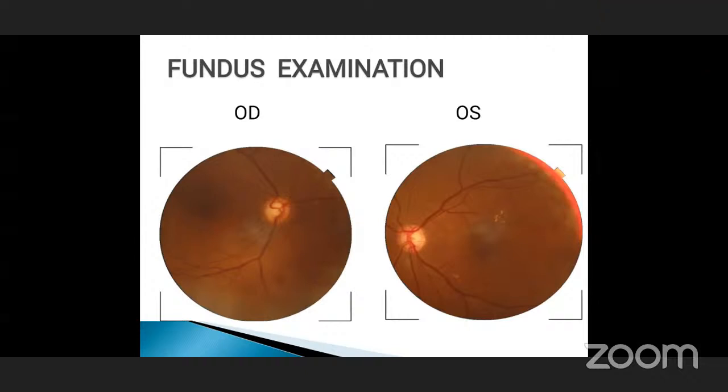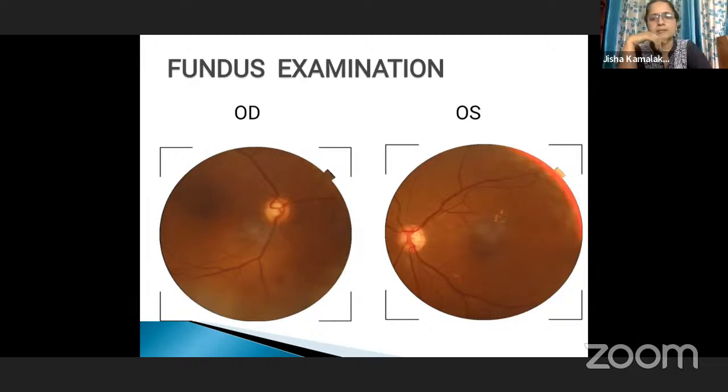Since there is an RAPD in this patient, we suspected an optic nerve pathology. So we looked for any optic disc edema, blurring of the disc margin, optic disc hyperemia, or optic atrophy. Will it set in so soon? No, ma'am, it is not so sudden. Or the presence of any choroidal folds.